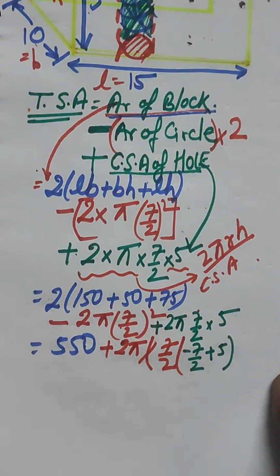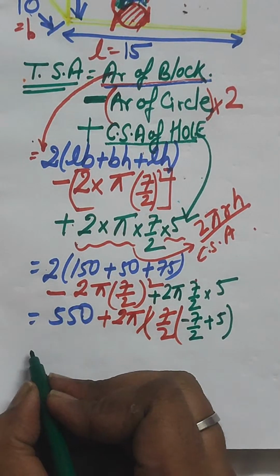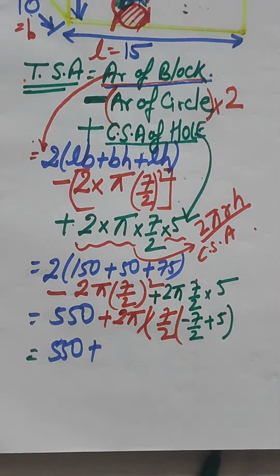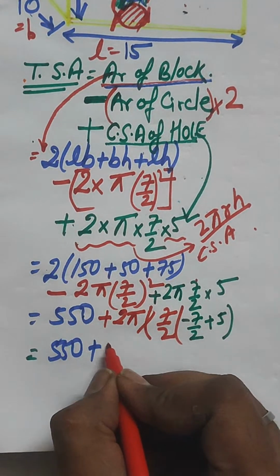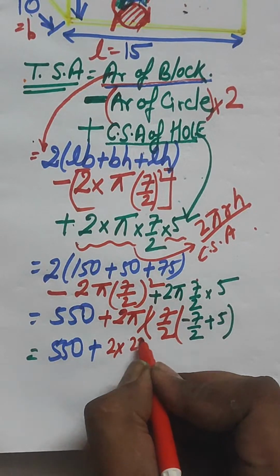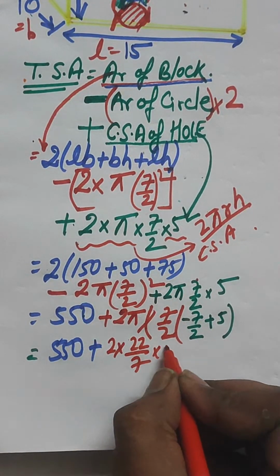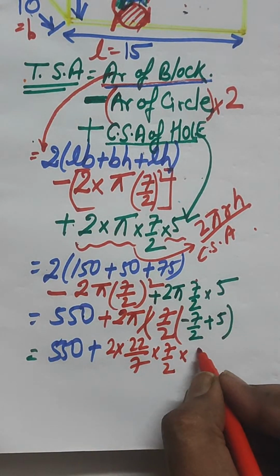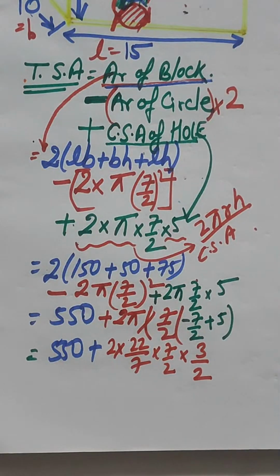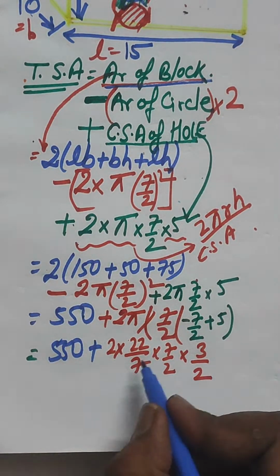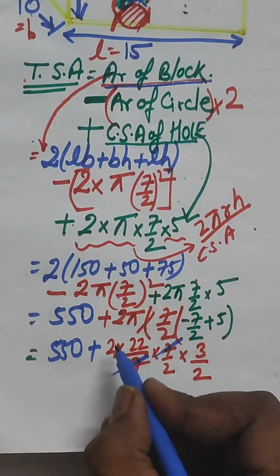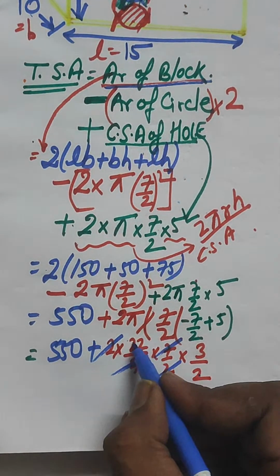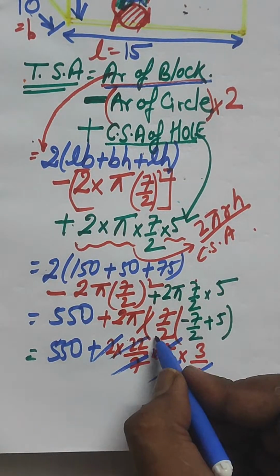So this will give you 550 as it is, plus 2 into 22 by 7 into 7 by 2 into 2 5 10 minus 7, 3 by 2. So here you can see 7 and 7 will be cancelled out, this 2 and this 2 will be cancelled out, right? And this 2 will cut this 22 into 11 times, right?